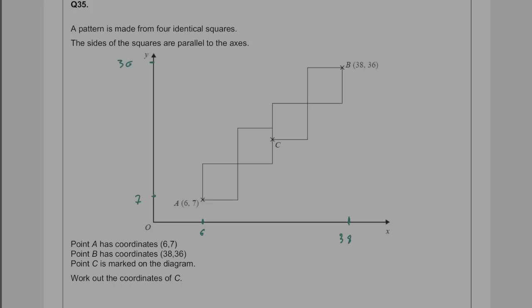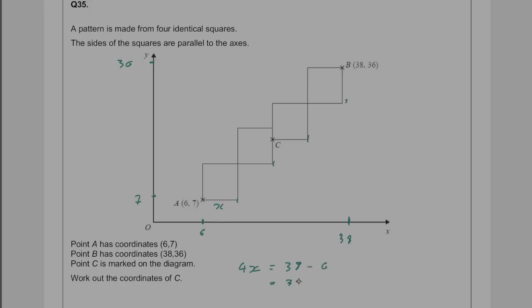The coordinate of C. So if I look at the distance between here and here, so this total distance is, if I call it x for now, 1, 2, 3, 4x. So 4x is going to be equal to the difference between the coordinates, which would be 38 minus 6.